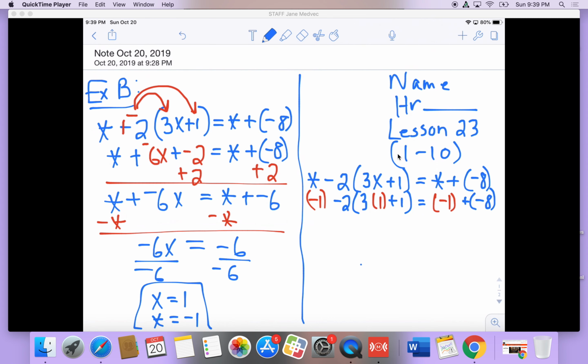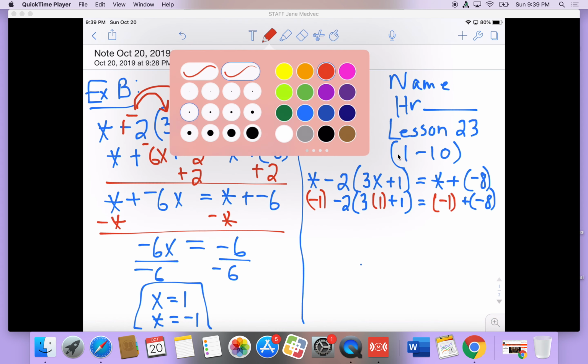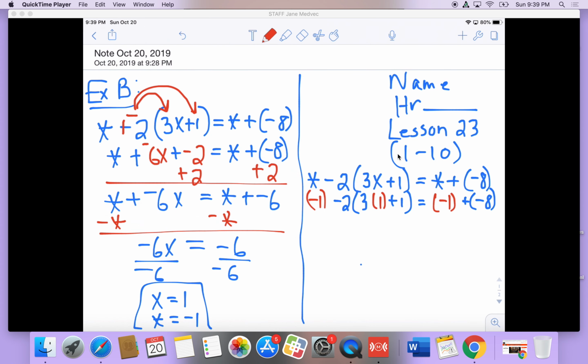And now we're doing our order of operations in our check. So I'm going to go inside the parentheses, and you're going to notice that this is the parentheses that I'm working with right here. I'm working inside, and I'm going to do the 3 times 1, which is 3. You do one thing at a time. Now, if you wanted to on the right-hand side, you can add that -1 and -8 right here. I'm going to leave it for right now until I'm done with the parentheses.